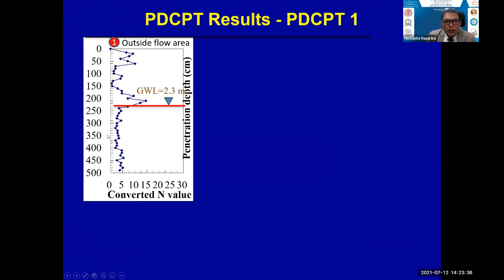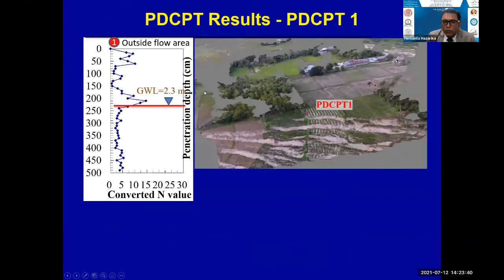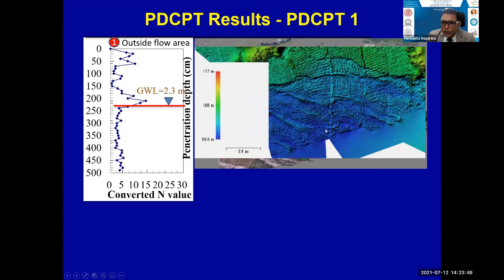So this is the result from the location PDCPT1, which is outside the flow area here near the cliff, and these are the elevations of the area. And you can see here that groundwater level was about 2.3 meter when we conducted the test.